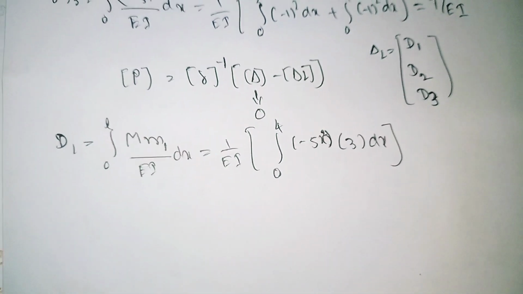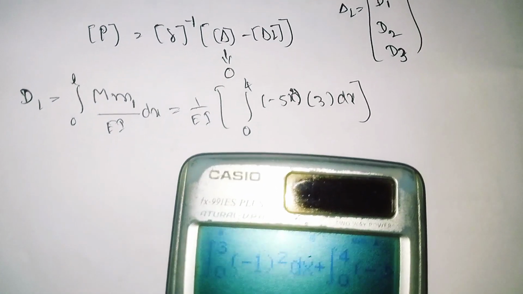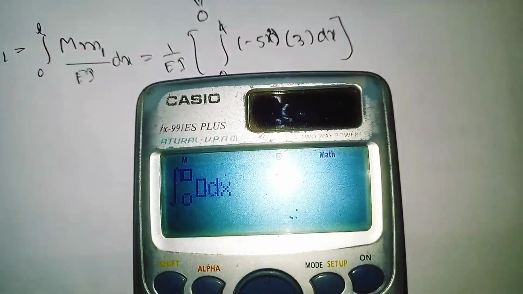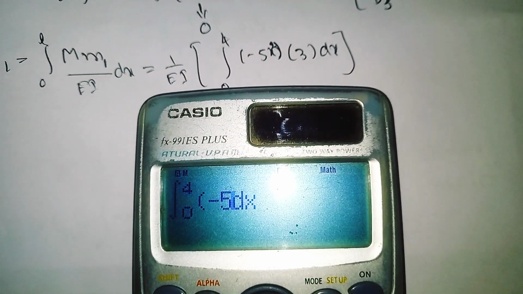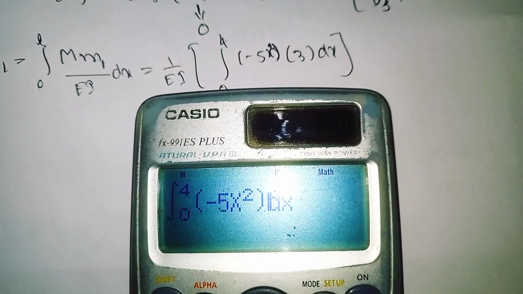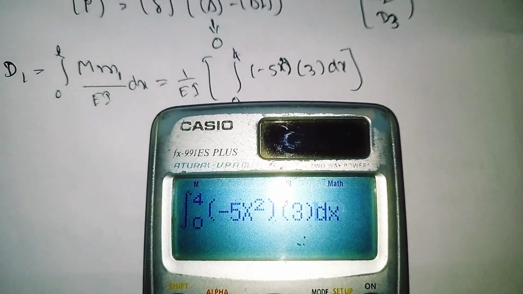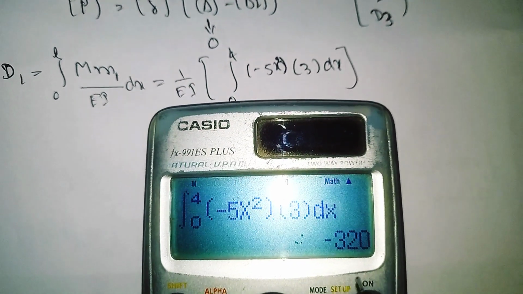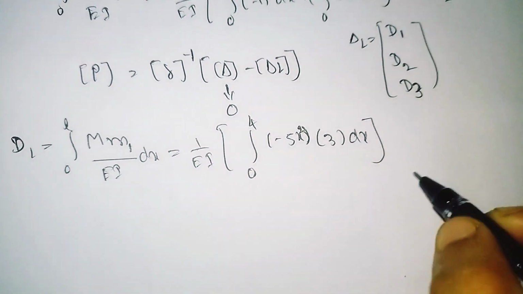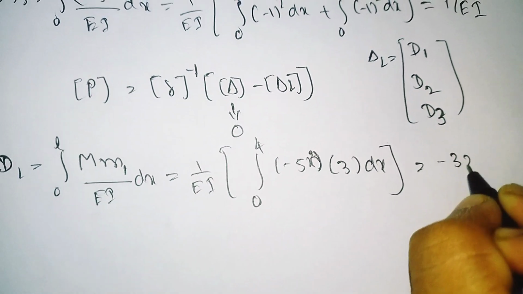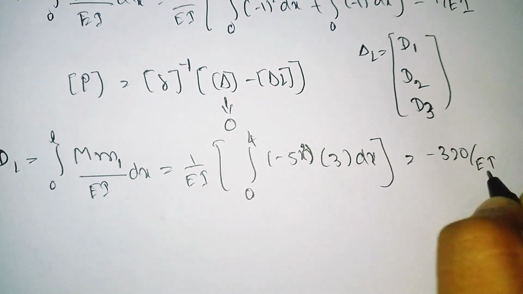Now solve it. Integration of 0 to 4 of minus 5x square into 3. Our D1 value will come out as minus 320. So D1 value is equal to minus 320 divided by EI.